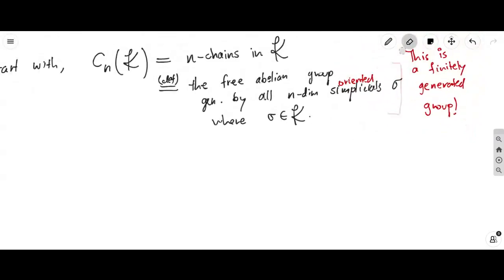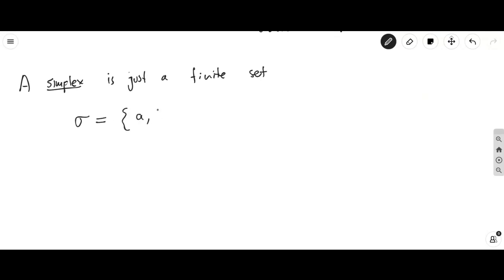Okay, so I just have to explain to you what I mean by oriented, and then we have our definition. So a simplex is just a finite set. So let's say sigma is {A, B, C}, a finite set.